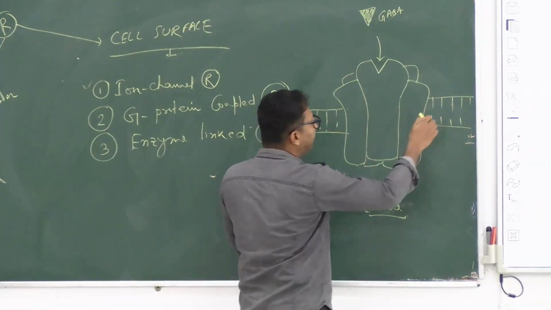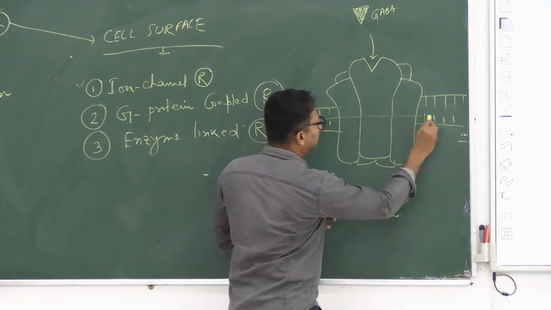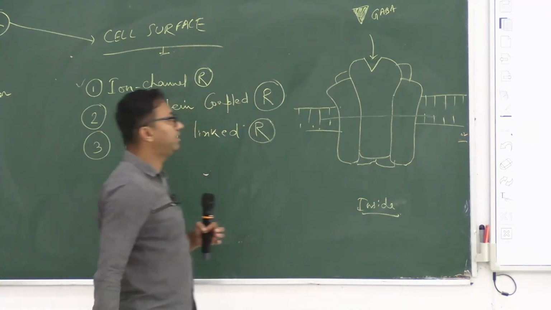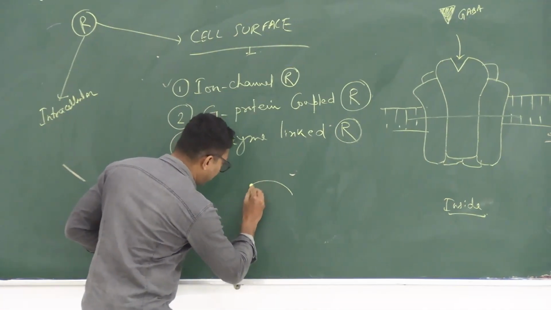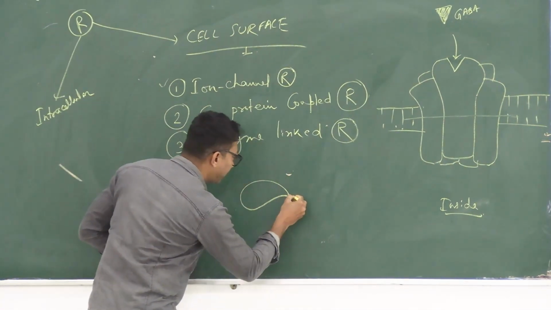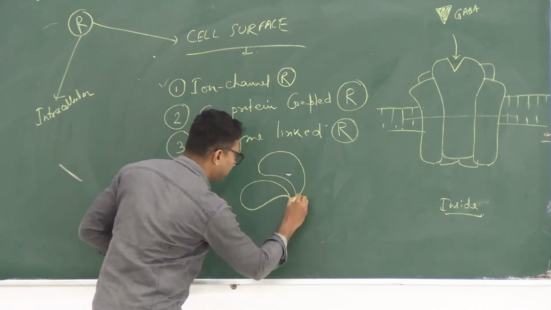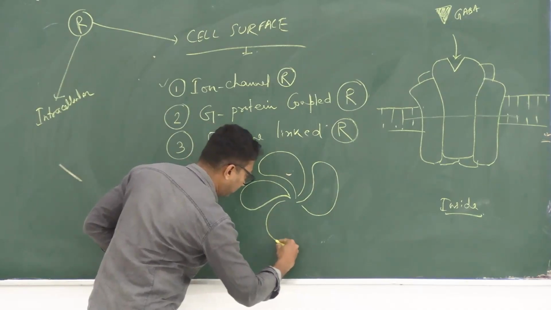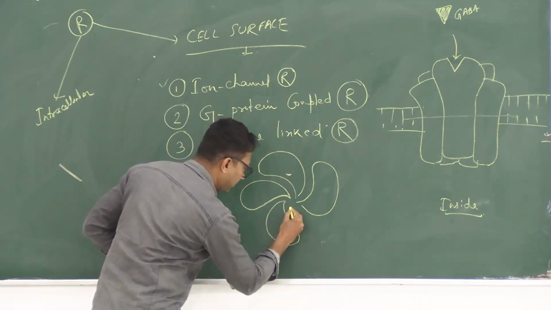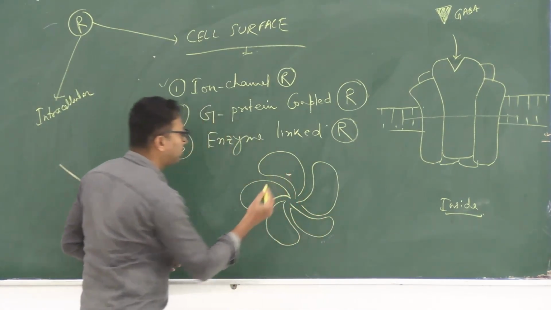If you do a cross section over here, right, if I do a cross section over here, this 5 subunits, it looks like somewhat, I will not be able to draw, it looks like somewhat this thing, right.